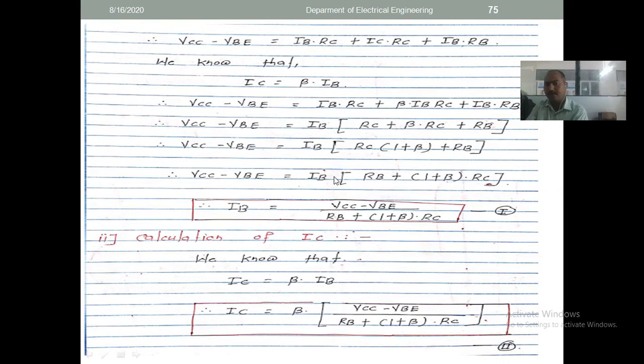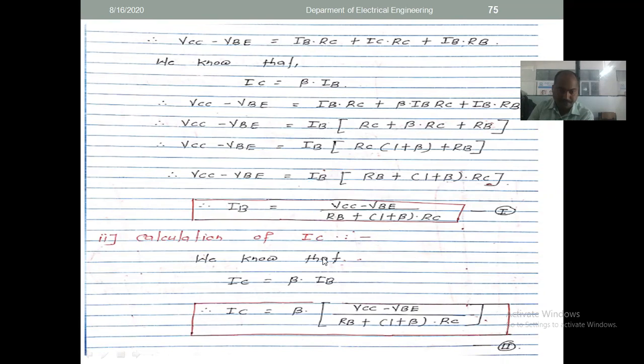Because we have to calculate the base current. The multiplying term goes outside as a divisor, so base current IB equals VCC minus VB divided by RB plus 1 plus beta into RC. This is the base current with respect to us.